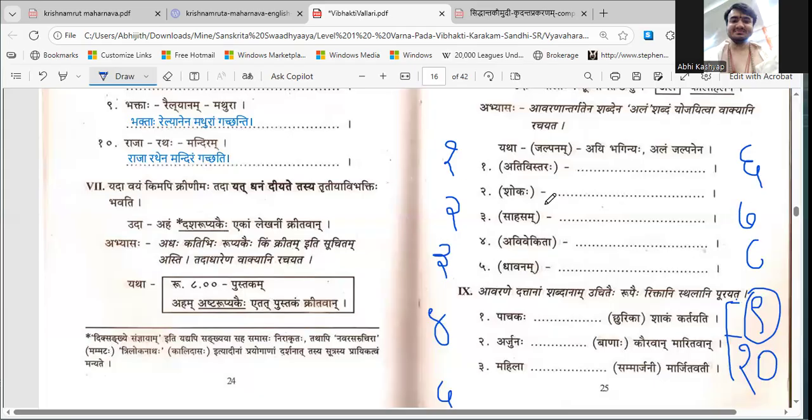The numbers will not change. What we do is 21. We already know 2, 20, then 1, 21. So this is how the words are going to be used, words and numbers.